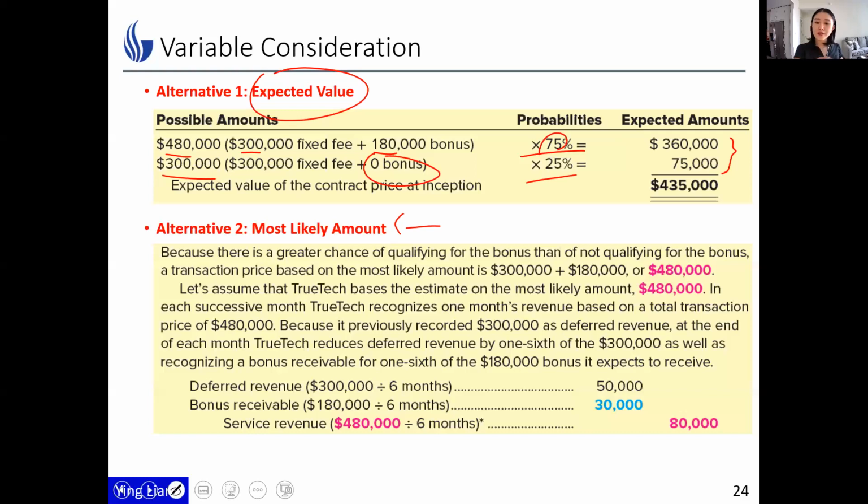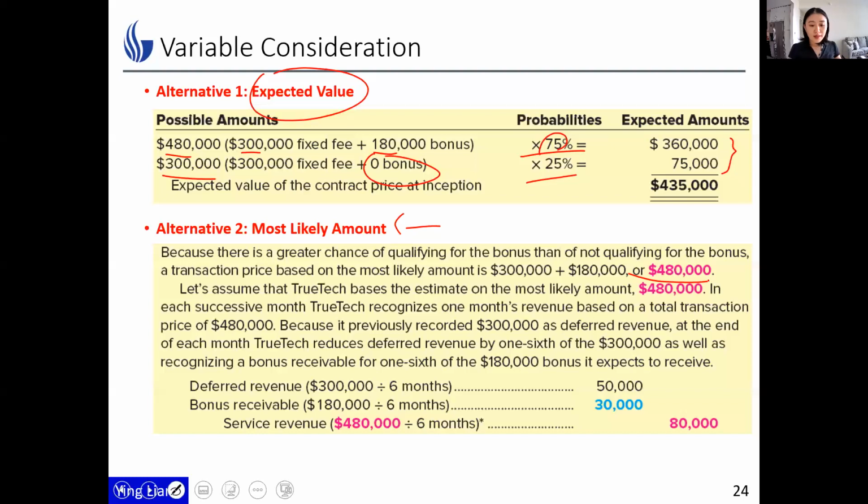So I will treat my accounting as if I get the bonus, because that is the most likely amount. Because there's a greater chance of qualifying for the bonus than not qualifying, in total I will have 300 plus 180 equals $480,000.